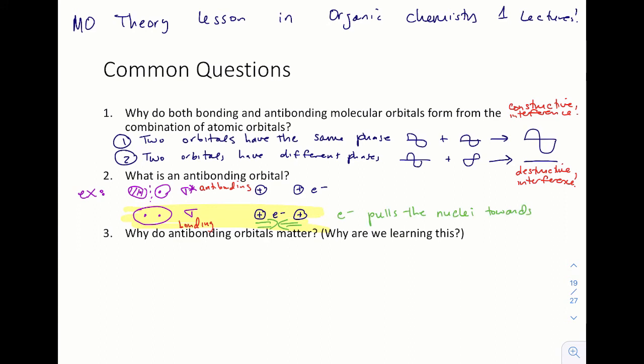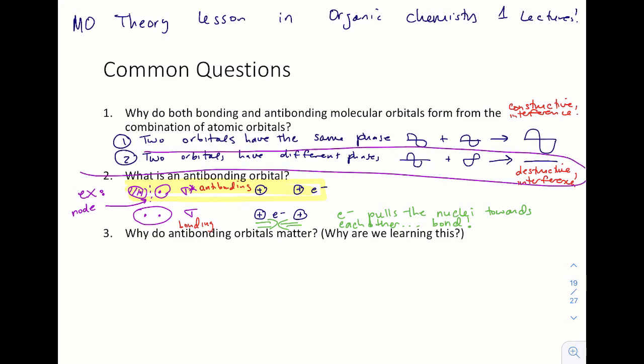Obviously, I am simplifying it a bit. There certainly are repulsive interactions between the nuclei as well, but we're not worried about that right now. We're worried about what an electron does in each type of orbital. Now let's consider the other scenario, an electron in an antibonding orbital. There is a node between the nuclei in an antibonding orbital, where the atomic orbitals, when they came together with different phases, destructively interfered.